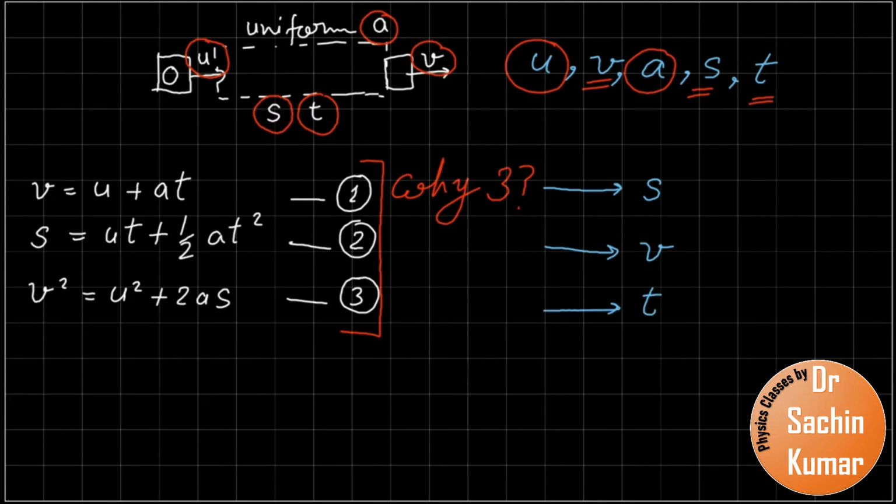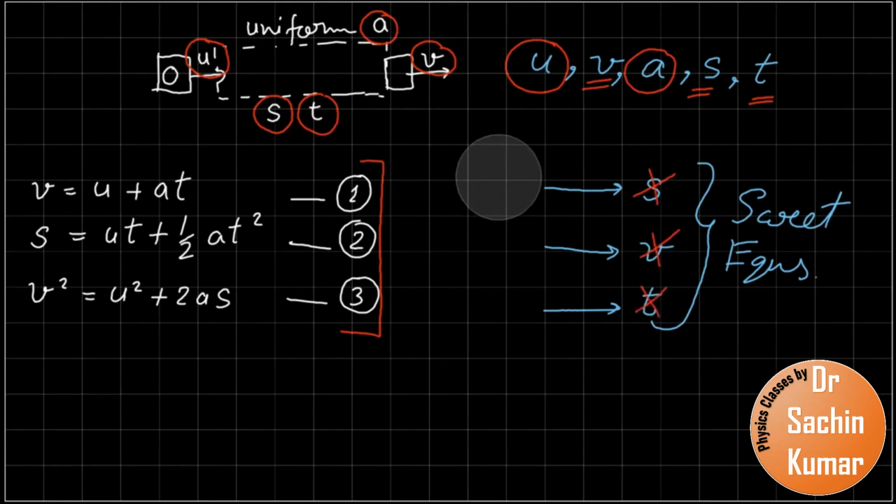Just to learn this, I am calling these the SVT equations. In the first equation, s is missing, in the second equation v is missing, and in the third equation t is missing. Because they are missing, I am putting a cross sign on them. Let me erase this to avoid confusion.